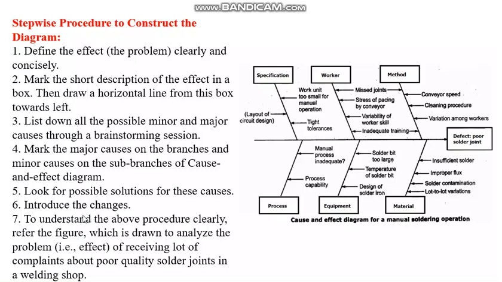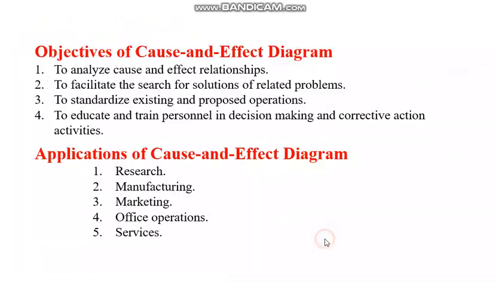You have to introduce these changes. Then you have to understand the above procedure clearly. Here a diagram is given. Okay, and then next let us see the objectives of the cause and effect diagram.